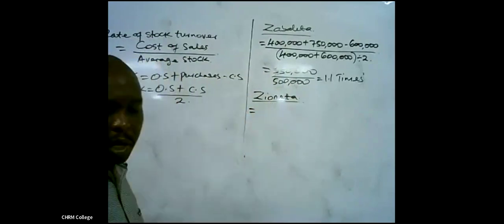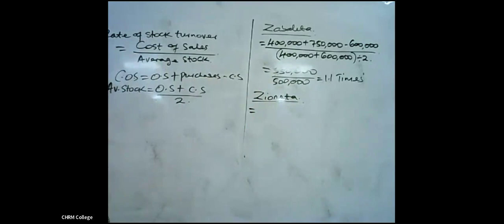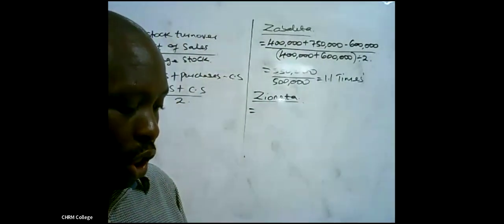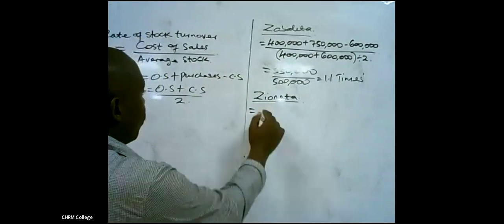For Zionita, you take the opening stock, which is 600,000.